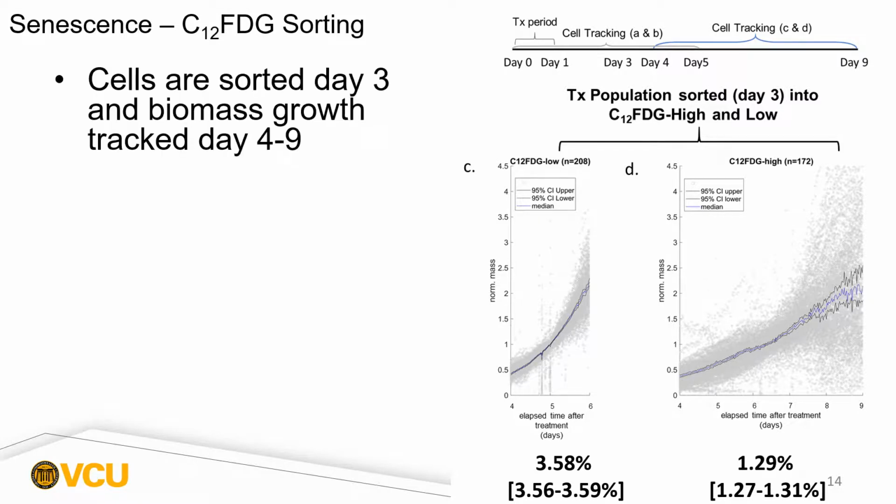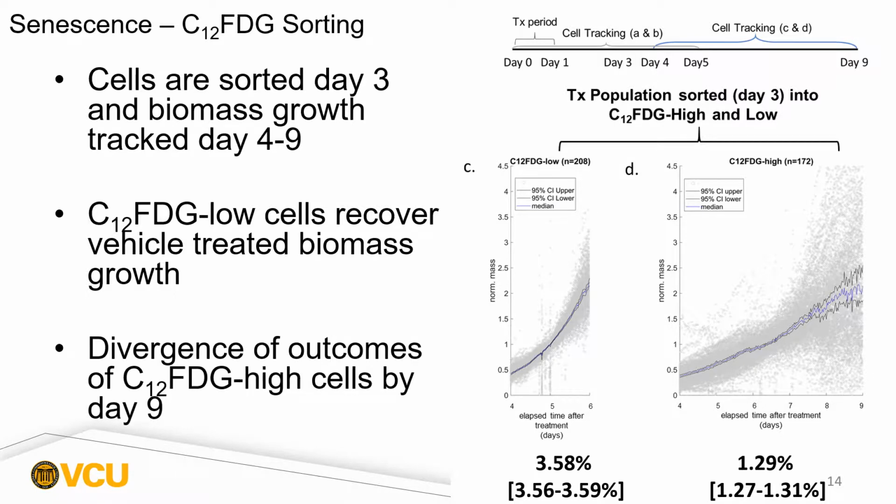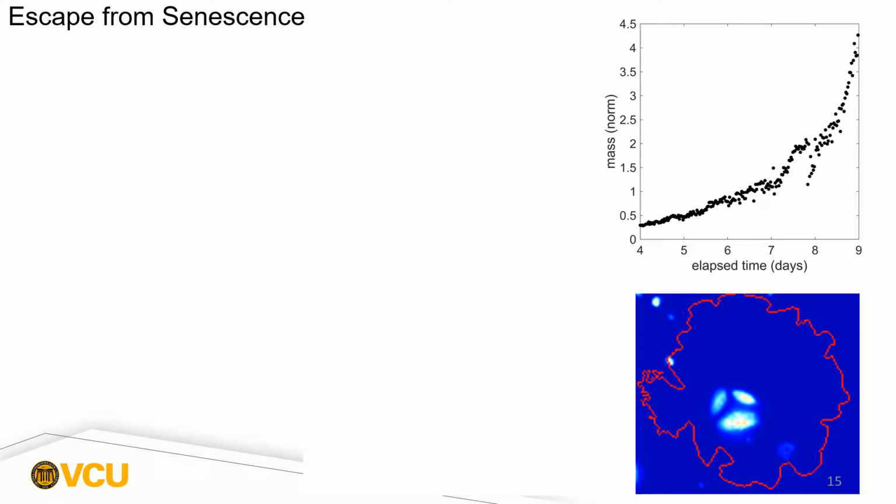There are some cells that grow robustly and others that tend to peter out. It's the divergence of outcomes in these C12FDG high cells that is most interesting. It's really those that escape from senescence and continue growing that could be an issue.